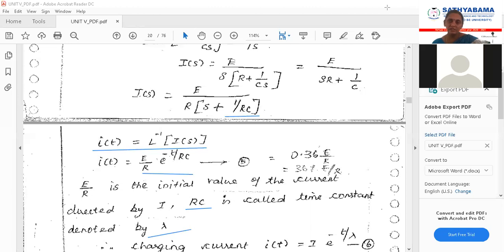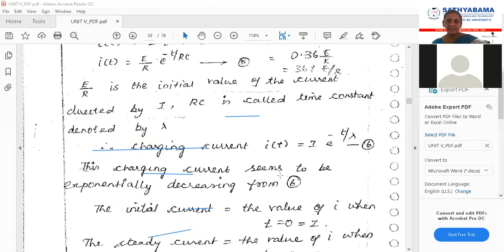So you write the equation for the charging current as I of t is equal to I into E power minus t by lambda. There you write it as tau; here you write it as lambda. Okay. Clear?